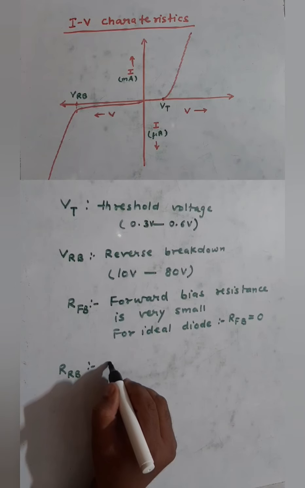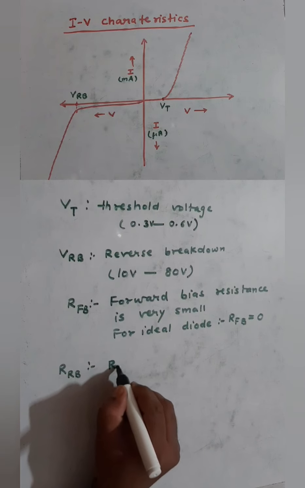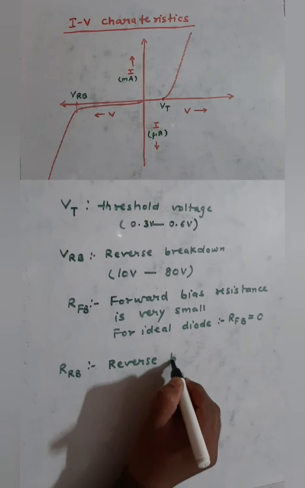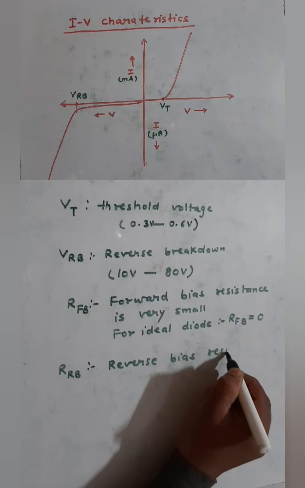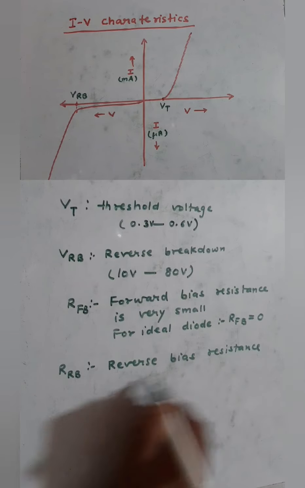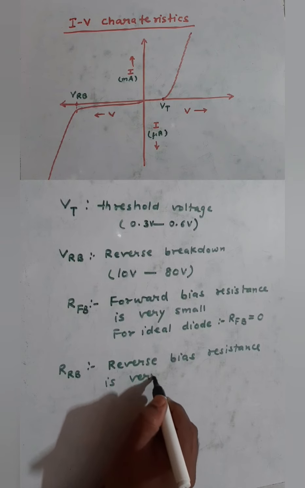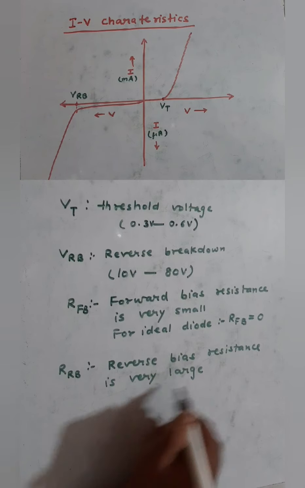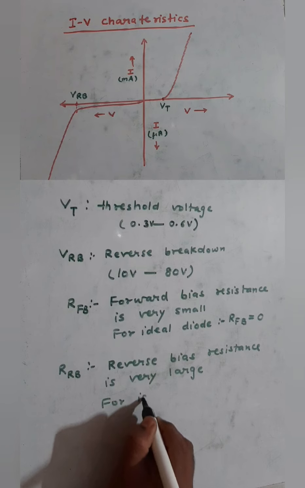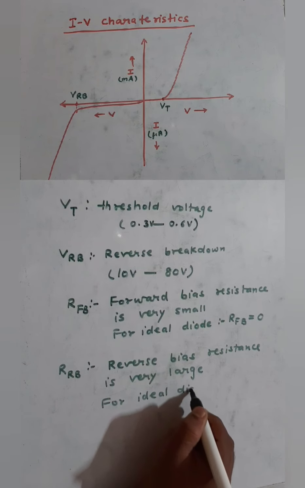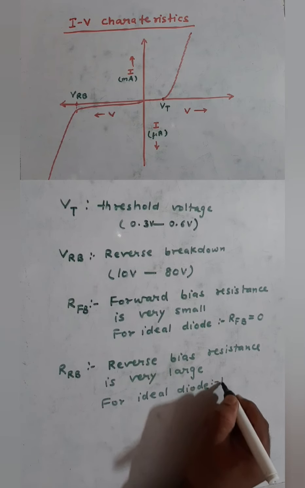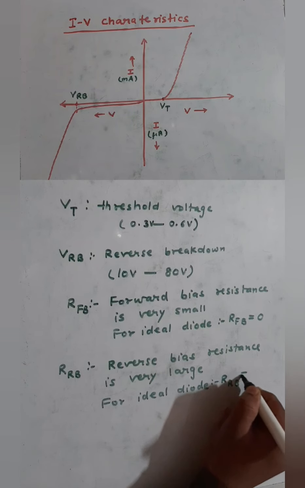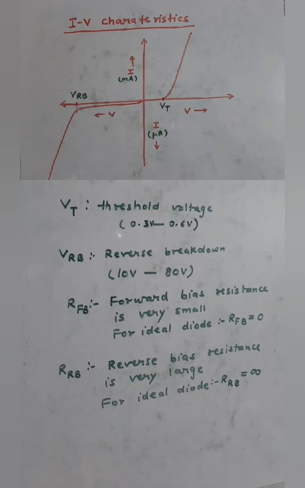So in reverse bias the resistance is very large, and for an ideal diode the reverse bias resistance is infinity. So from here you can see that the diode easily conducts in forward bias and does not conduct easily in reverse bias.